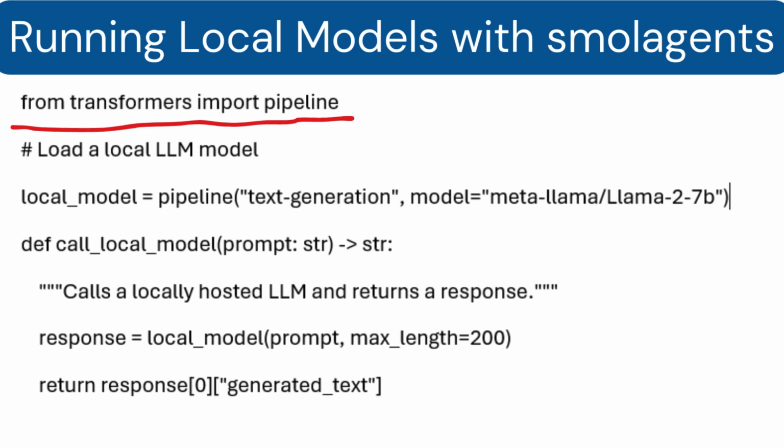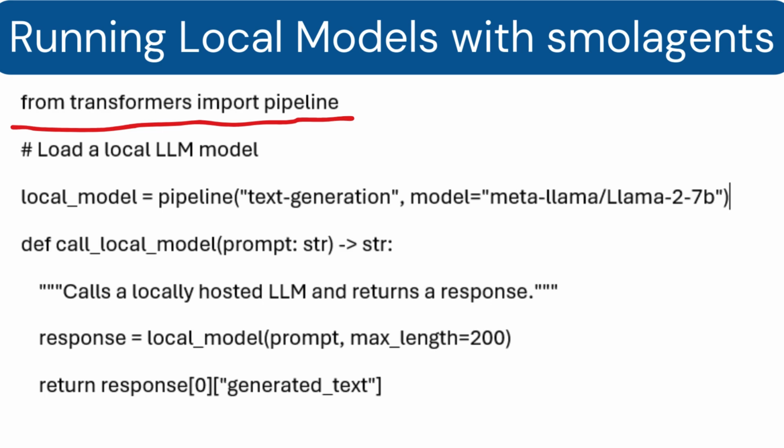And it allows us to load and run models locally, meaning the AI is running entirely on your machine, no external API calls needed. This is useful when you want full control over the model and data privacy. And you don't want to rely on cloud-based AI services like OpenAI. Or you have the necessary hardware, because large models require significant computing power.